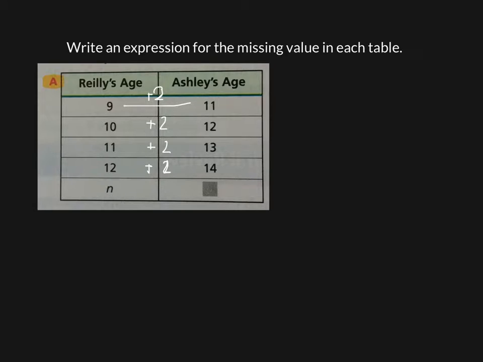We need to actually sit there and figure it out. Okay? So to go from n, my expression would be n plus 2. So that would be my expression for this table.